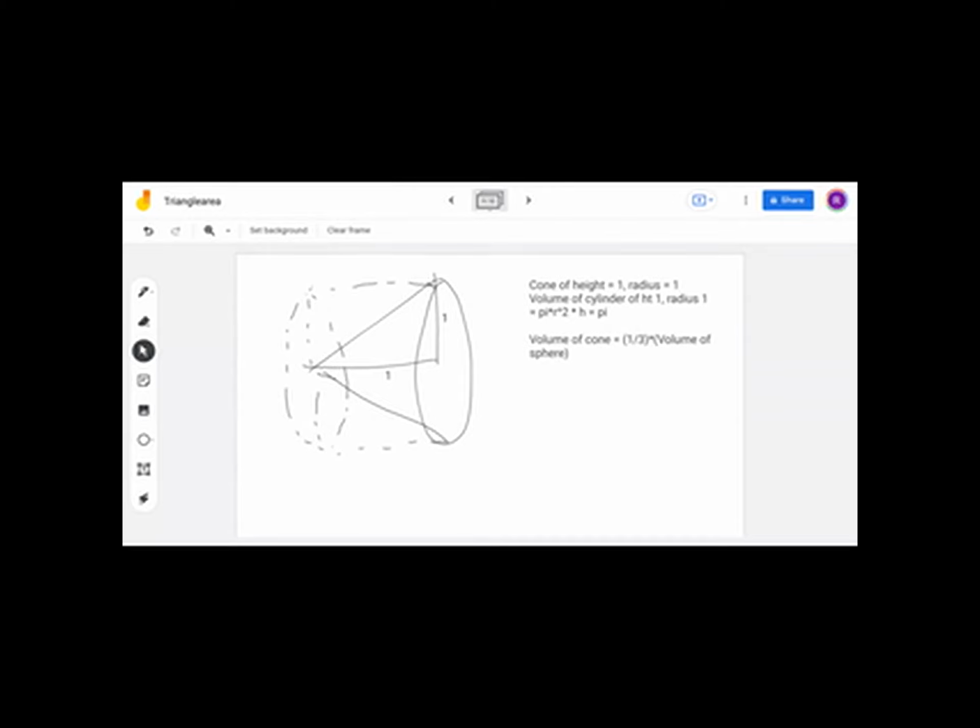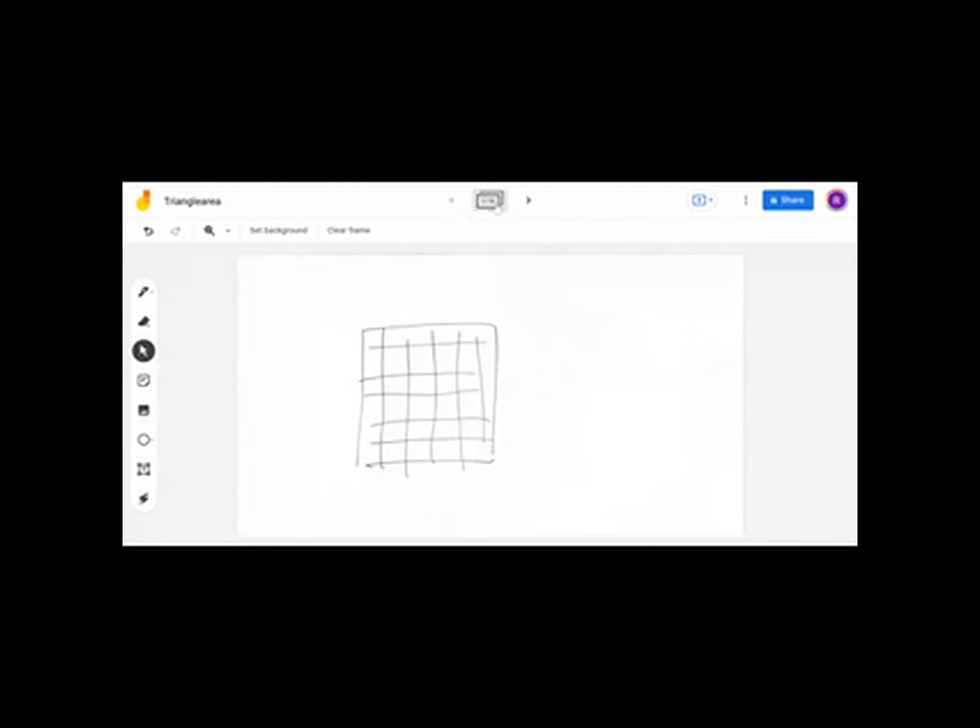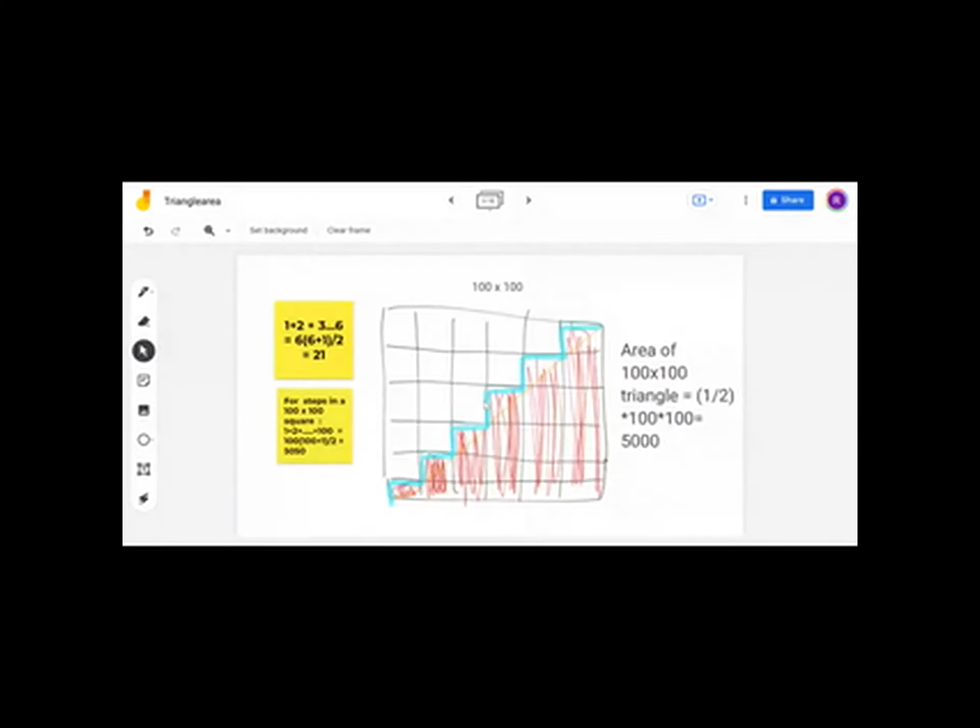And then what did we see? How are we going to connect this to the square thing? So let's go back to this one. How do you get a cone from this triangle? By rotating the triangle.